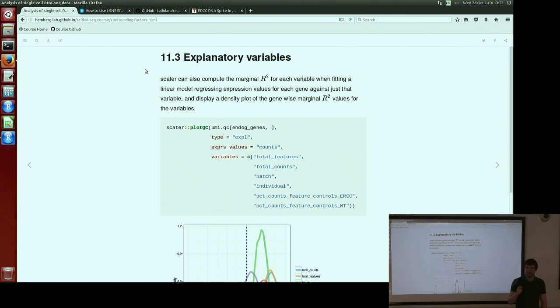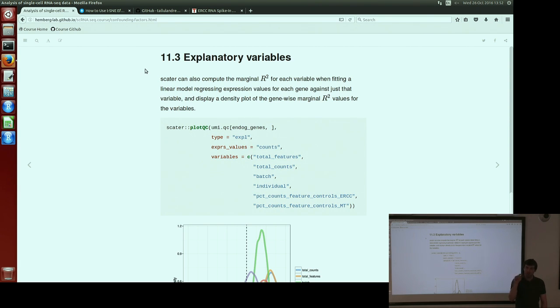The idea is that for each gene, to take the total features example, we'll fit a linear model with Y as the expression values for that gene, and the only predictor in the model will be total features. We can obtain an R squared value for that model fit, which is the proportion of variability in the expression values for that gene that is explained by, in this example, total features, the particular variable of interest.